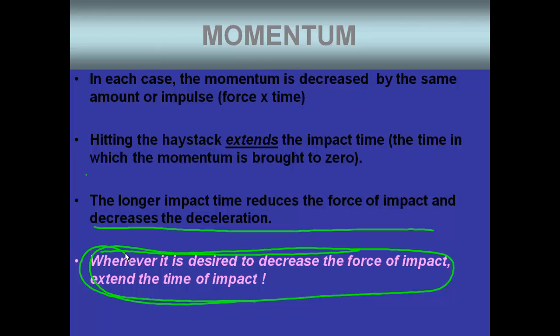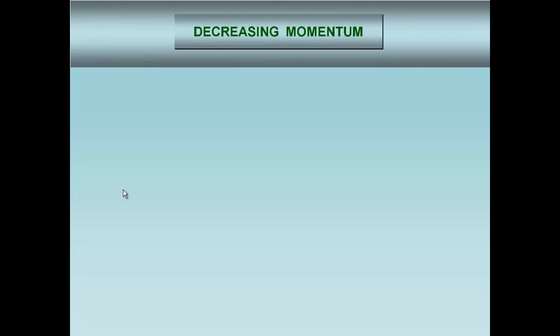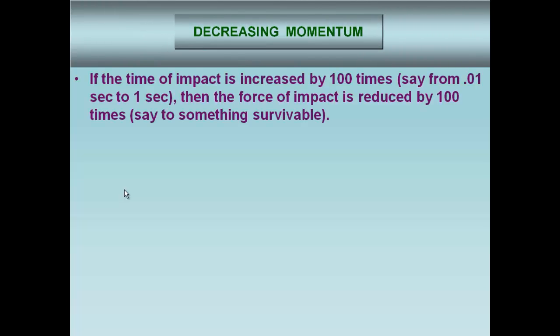There are tons and tons of examples that you experience every single day dealing with decreasing momentum and decreasing the force being exerted on the object. And I'll talk some more about these examples. If the time of impact is increased by 100 times, then the force of impact is reduced by 100 times.